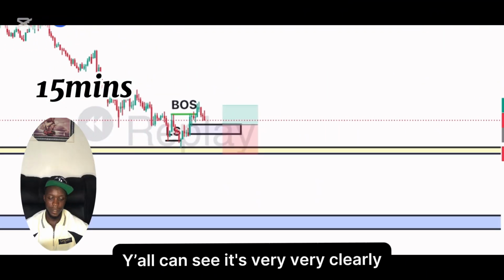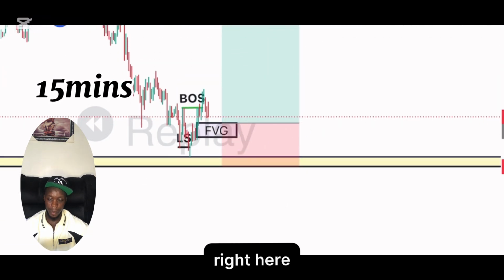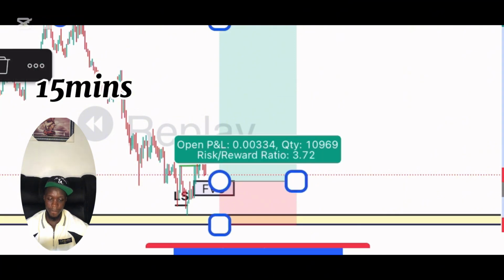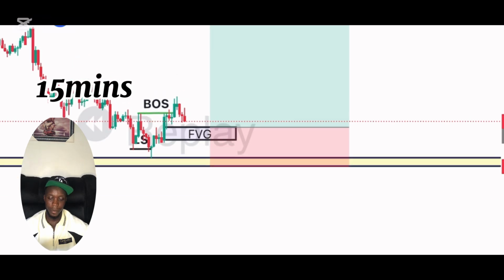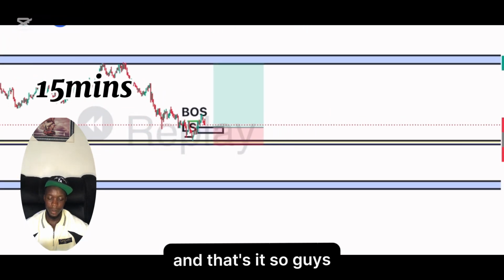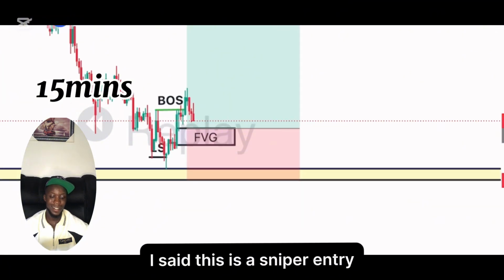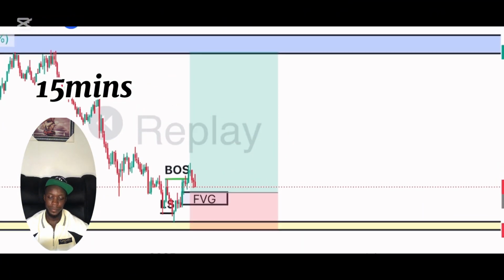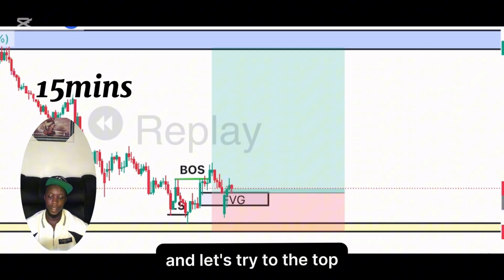You can see it very clearly. Right here. And that's it. So guys, this is our snipe. What did I call it before? I said this is a sniper entry. We are in, and let's try to the top.